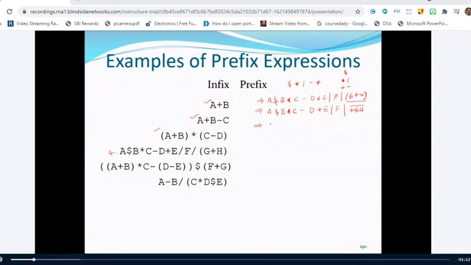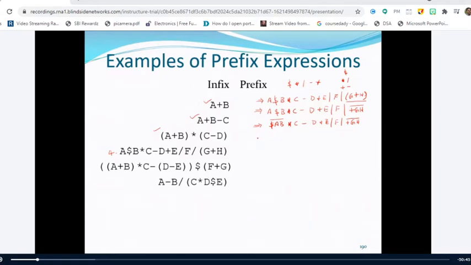Therefore, the expression we get is dollar ab, and you put an overline over this so that you can identify it as a single operator, followed by star c minus d plus e by f by and plus gh. Again, don't forget to give the overline.